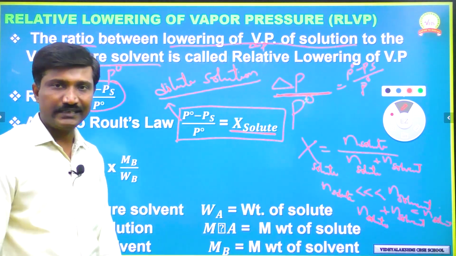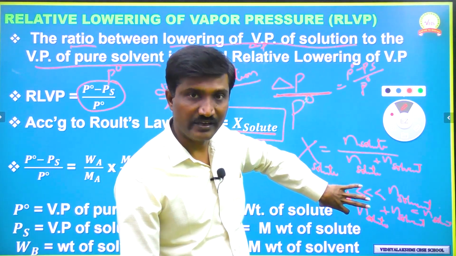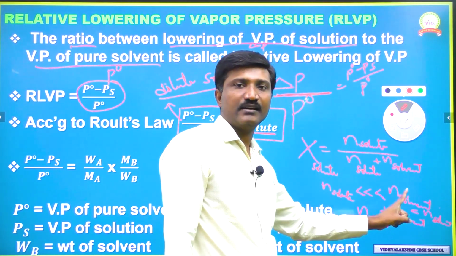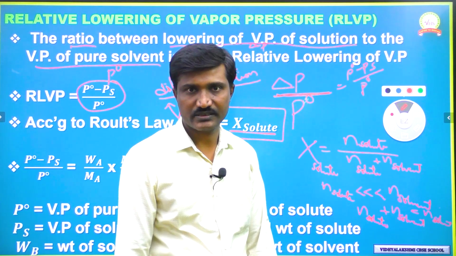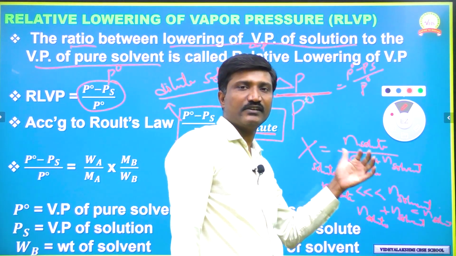Since it is a dilute solution and the number of moles of solute particles is very small, we can take this denominator summation as the number of moles of solvent only.